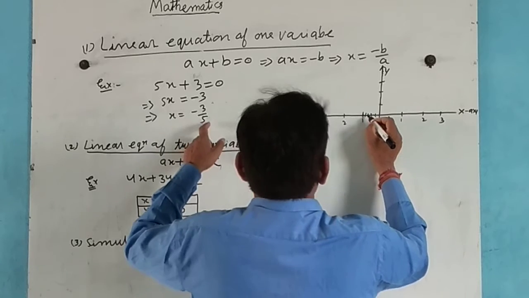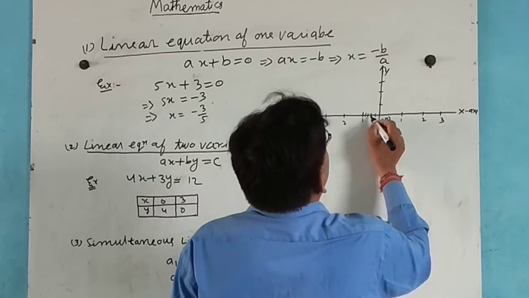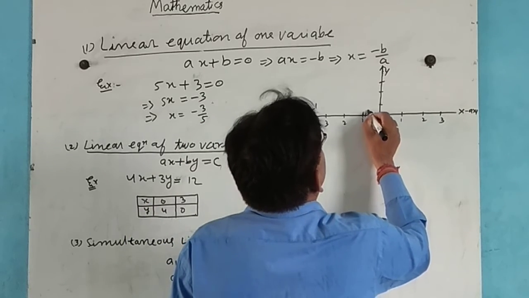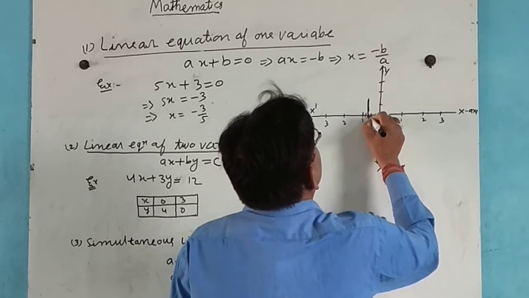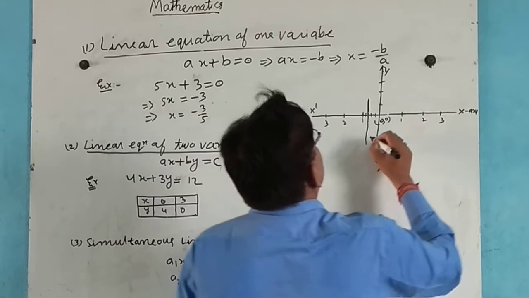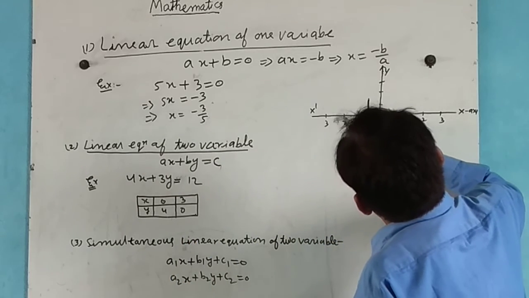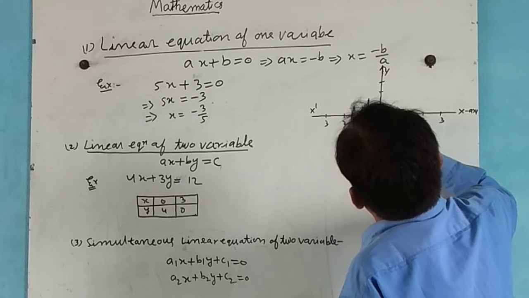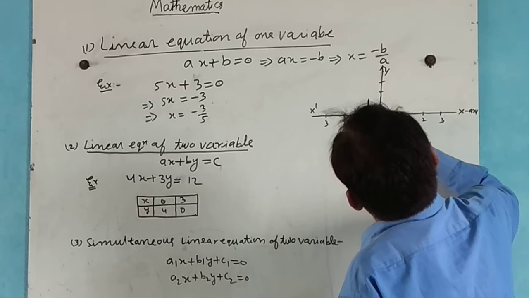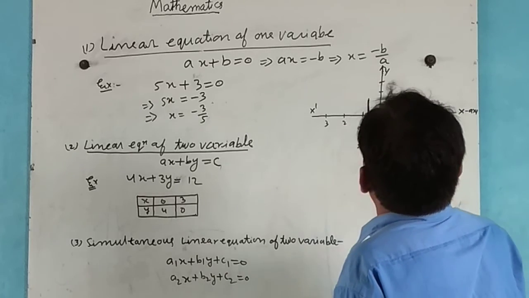And also minus 3 by 5, 1, 2, 3, that is known as x equal to minus 3 by 5.